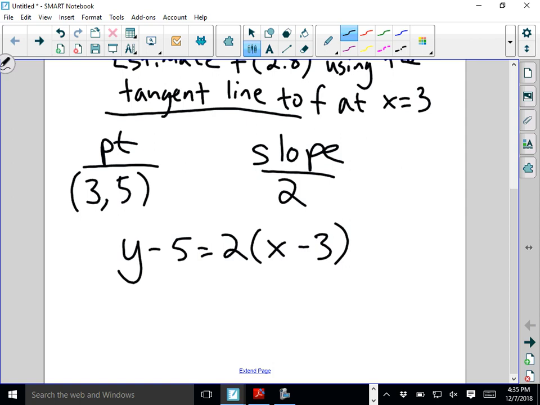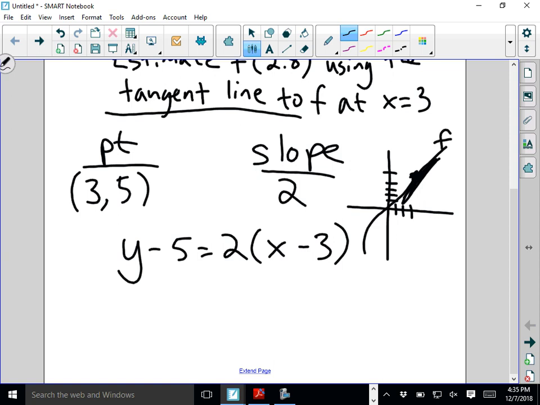Right? So if we think about this on a graph, all I know about f is it has the point 3, 5, right here. And I know right at that instant, the slope is 2. But I don't know exactly how it goes, but all I know is the tangent line slope right here should be 2.